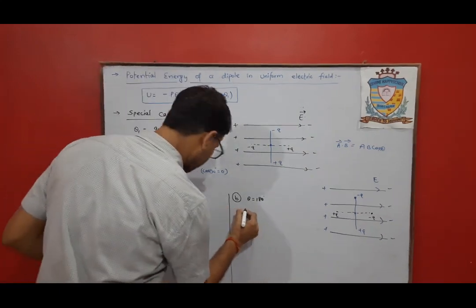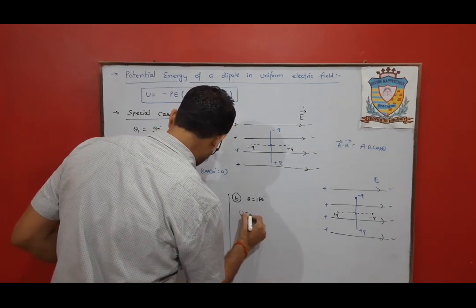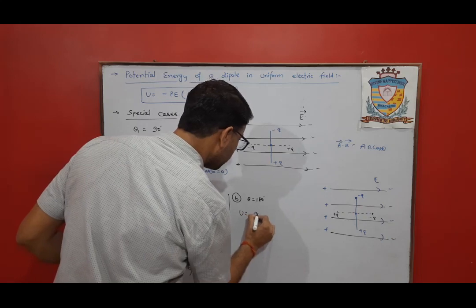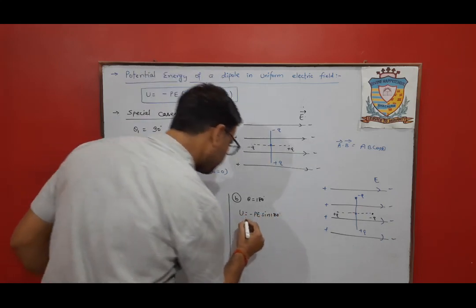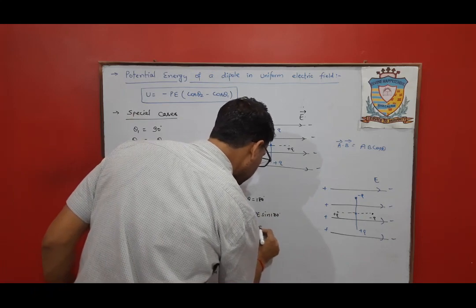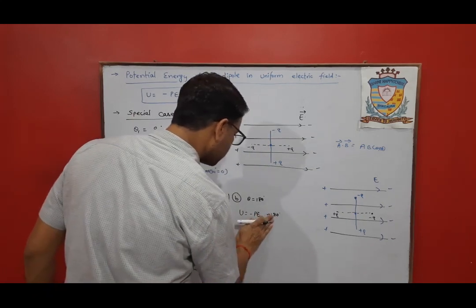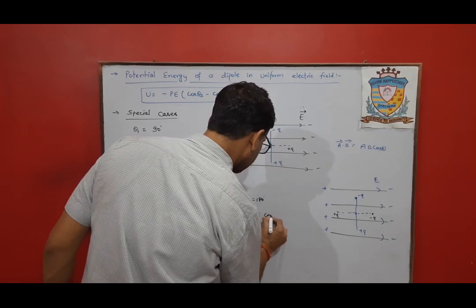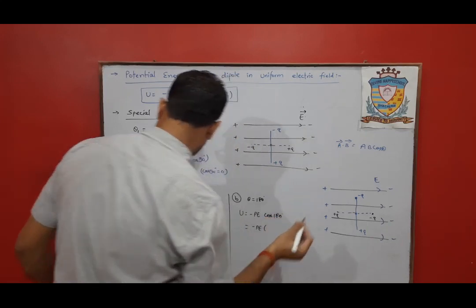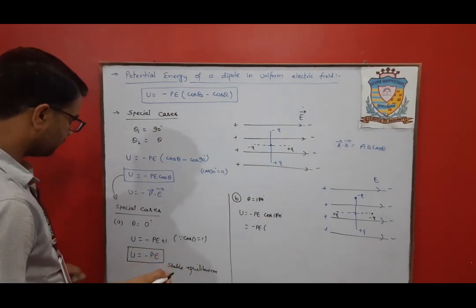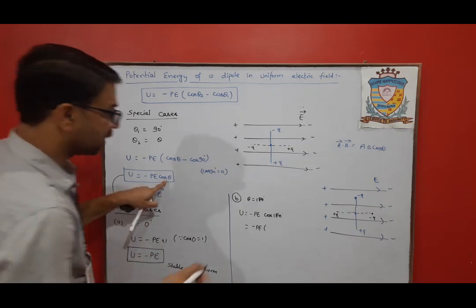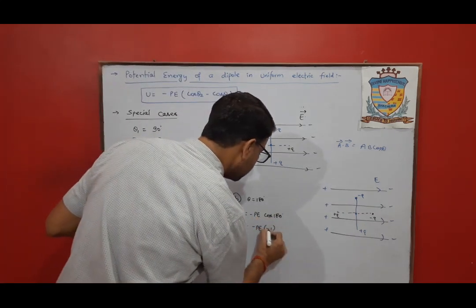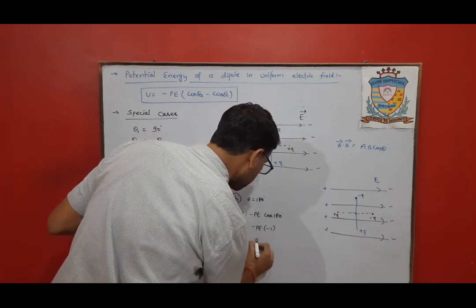So in that case, u is equal to minus PE into cos 180 degrees, and the value of cos 180 degrees is minus 1. So this becomes PE.